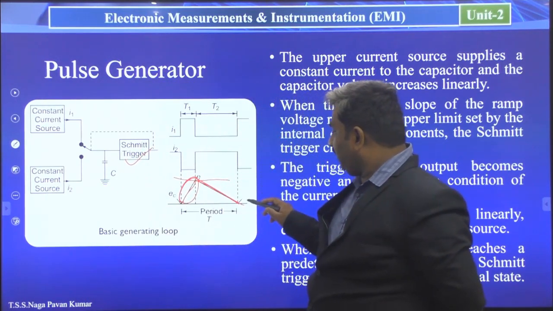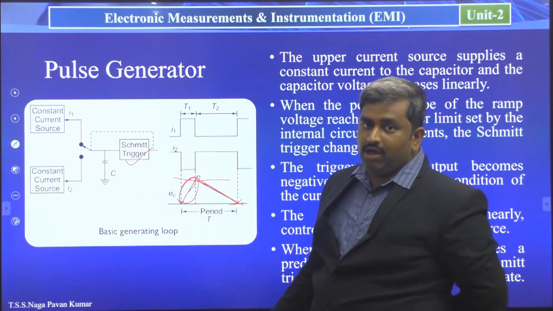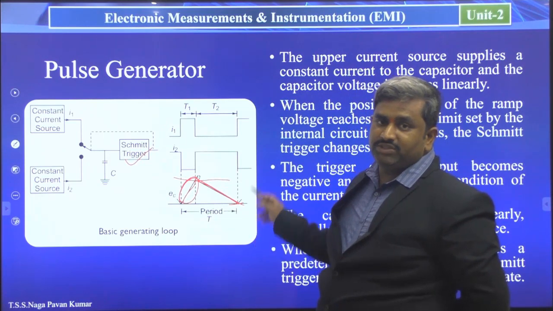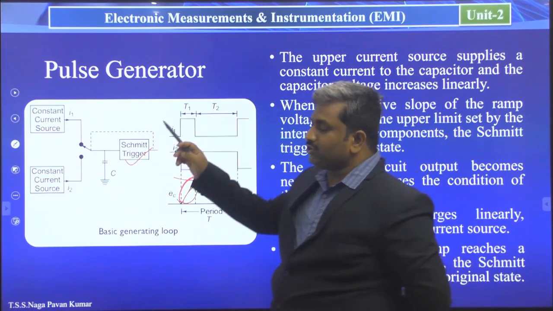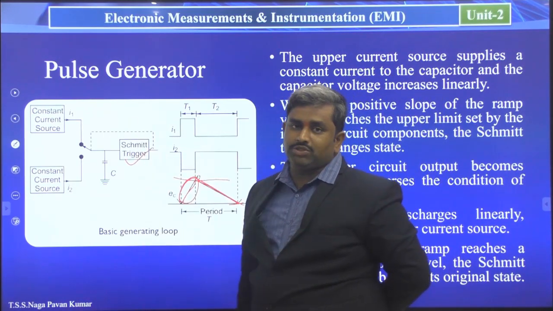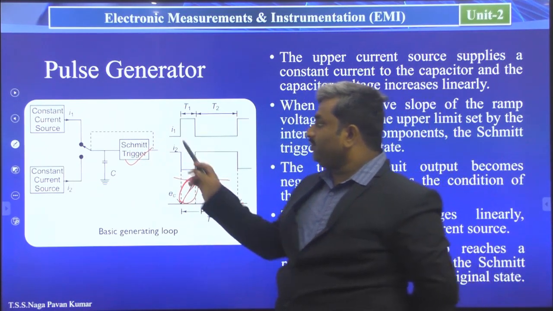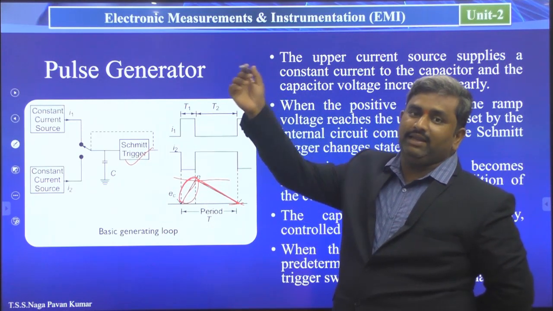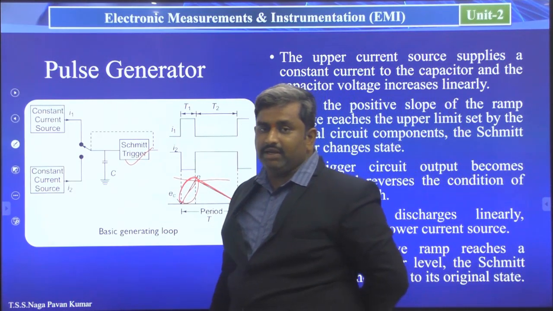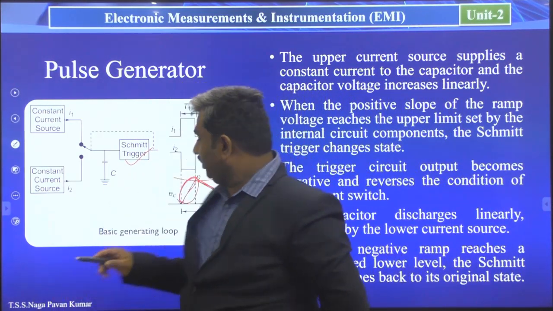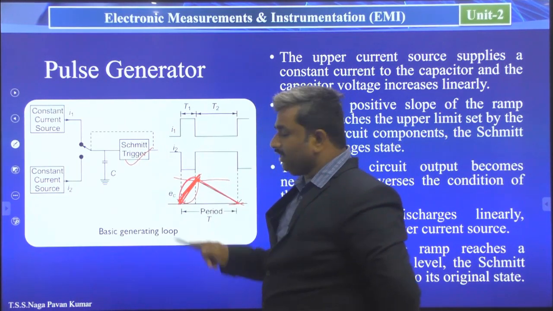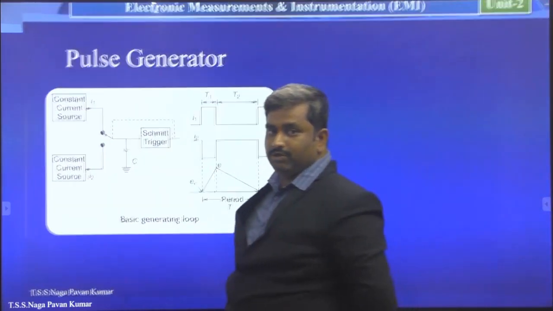So whenever the predefined level is reached at this falling curve, at that particular time, automatically it switches to the upper constant current source. Then the upper constant current source delivers current, and with that current the capacitor is going to be charged. At that time, we will get the linear increment waveform as shown in this concept.